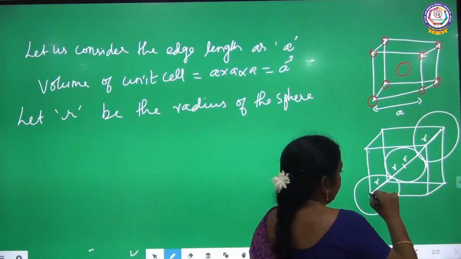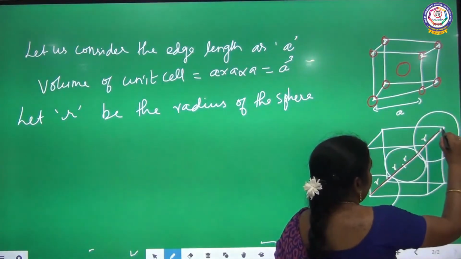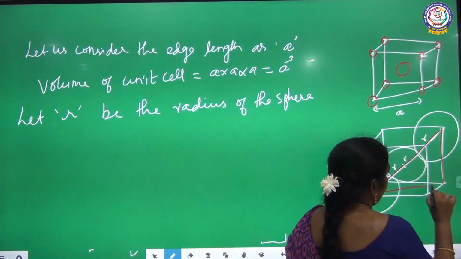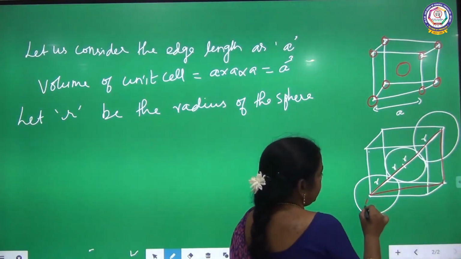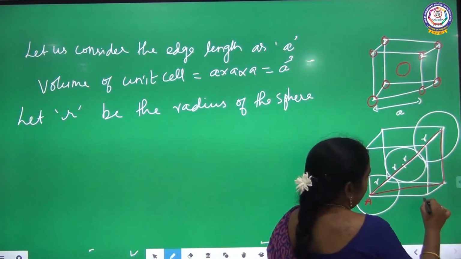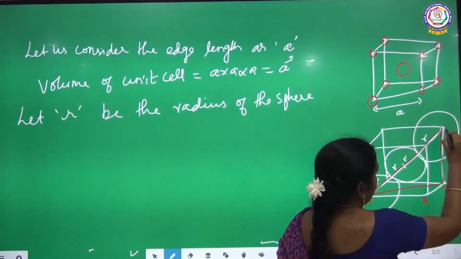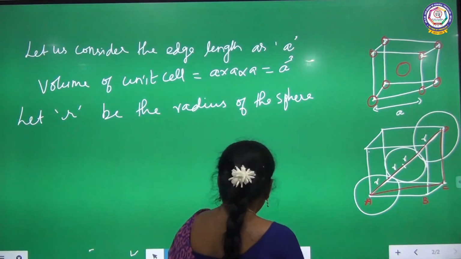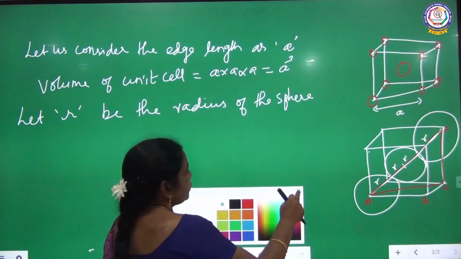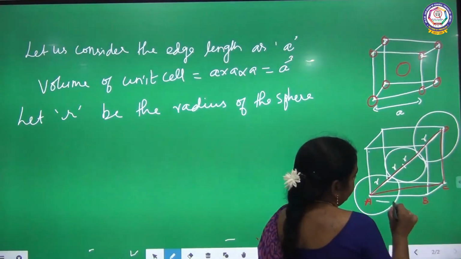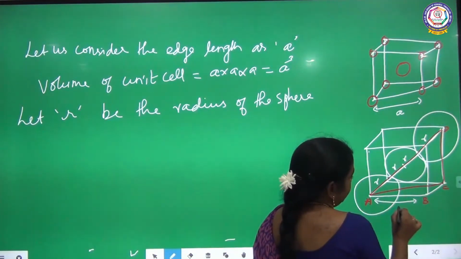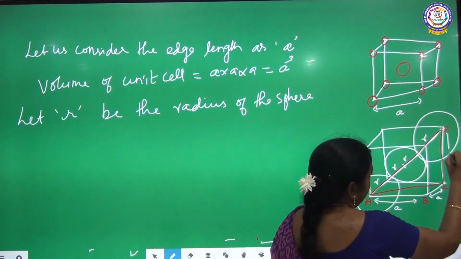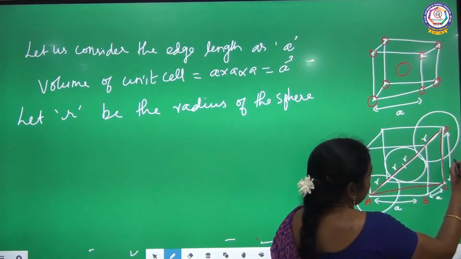Now we can make this one a right angle triangle. This is considered as A, B, C, D, in this right angle triangle. The edge length is considered as small a, and this one small a, and this is small a.